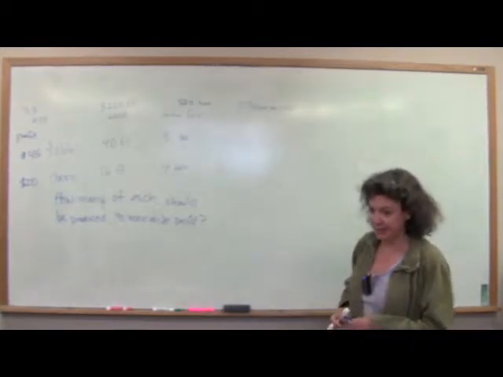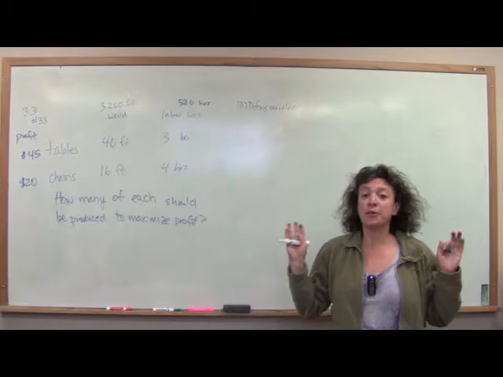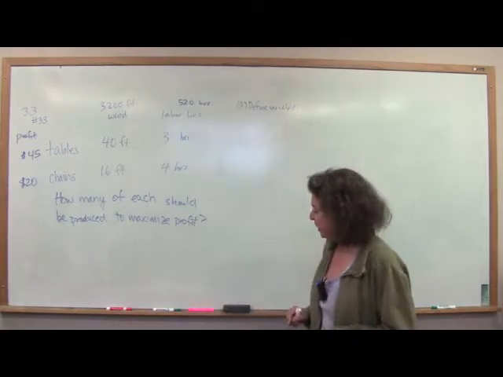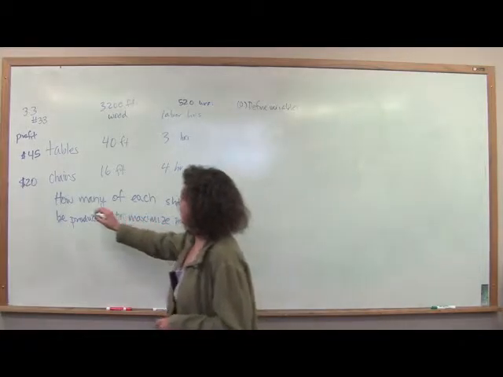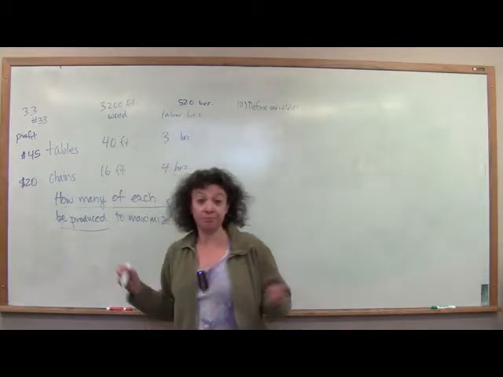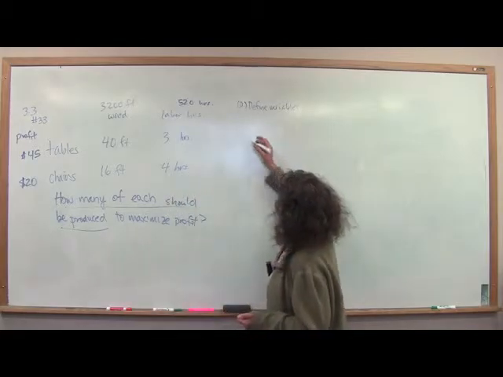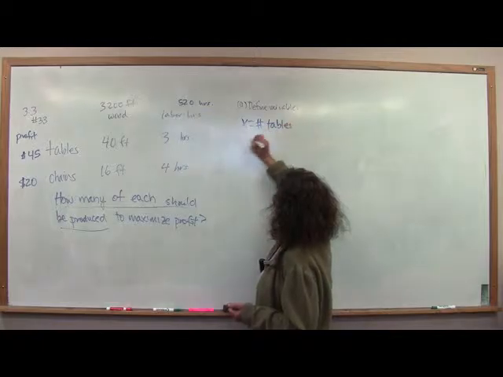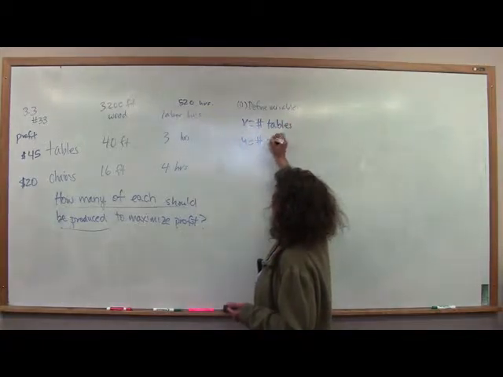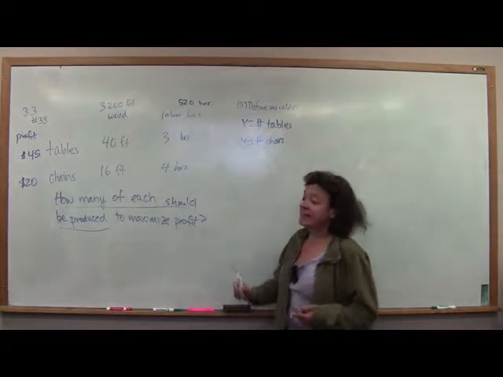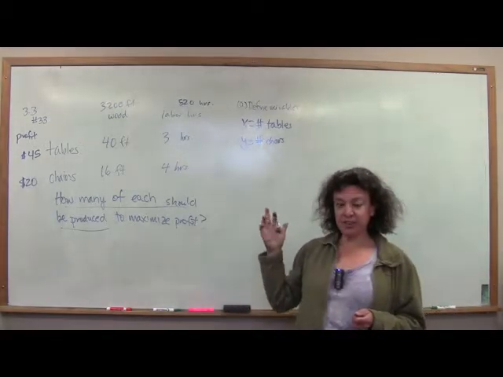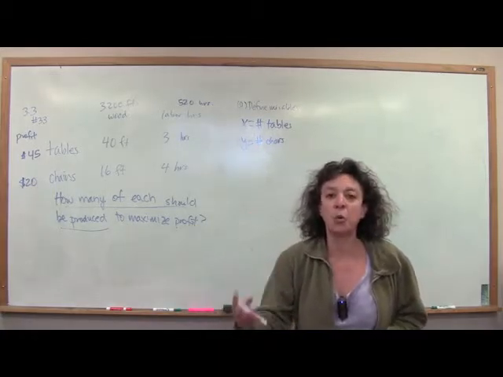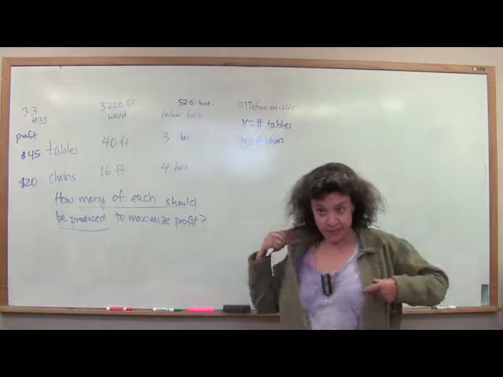The way to do it is go to the question that is being asked. So, how many of each should be produced? There's my question. So, I'll let X represent the number of tables, and I'll let Y represent the number of chairs. Again, it is not sufficient to just say X is tables and Y is chairs, because we're looking for a quantity and you need to indicate that.